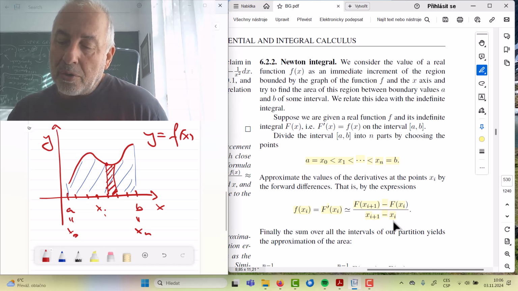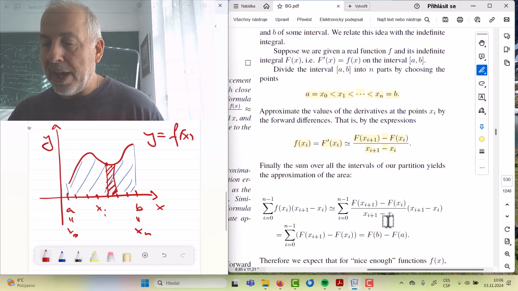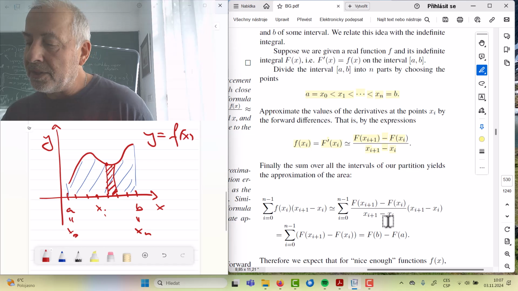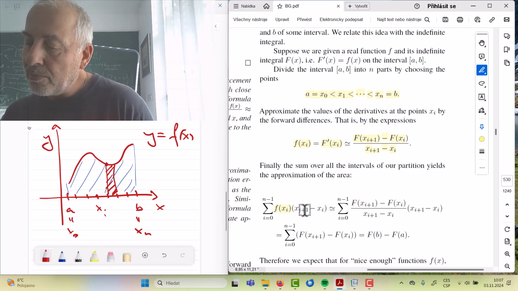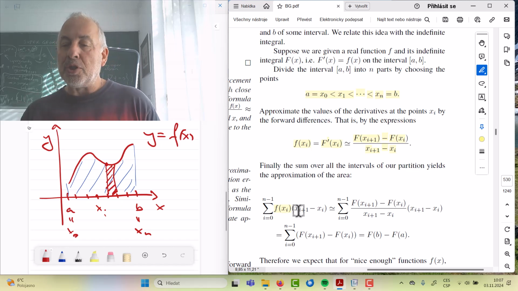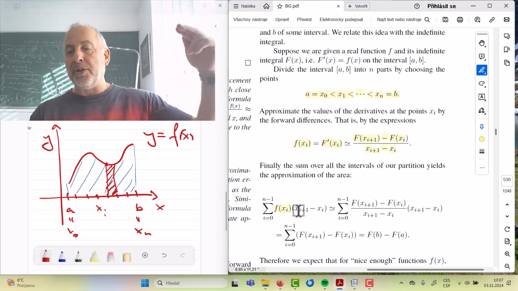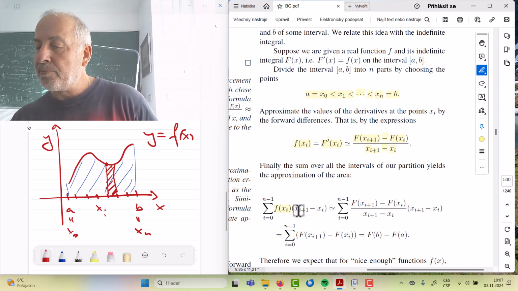And so if I would, instead of thinking infinitesimally, think this way, so this is x_i plus 1, here is the x_i, then what I do is I compute the estimate for the area in such a way that it will be just the f(x_i) here times the width, right? So I simply approximate the value of the function along this subinterval by the unique value f(x_i).